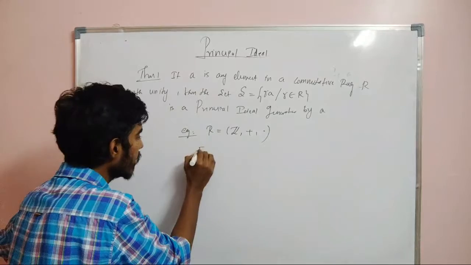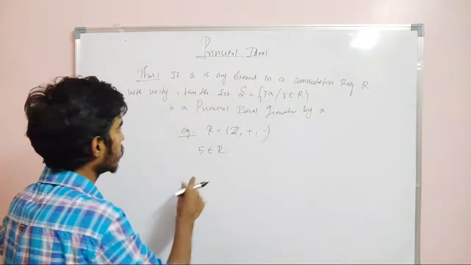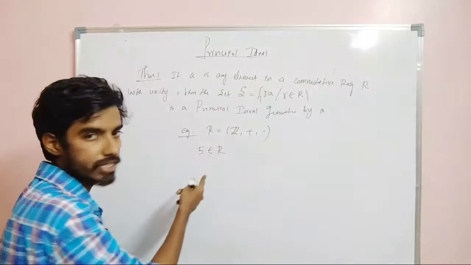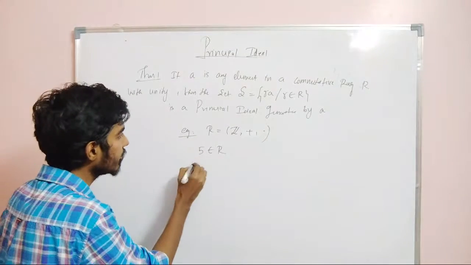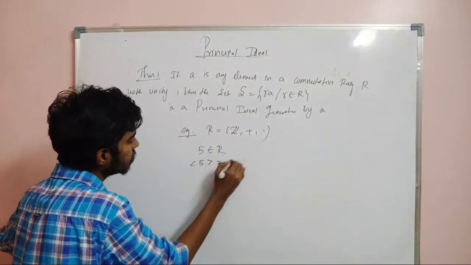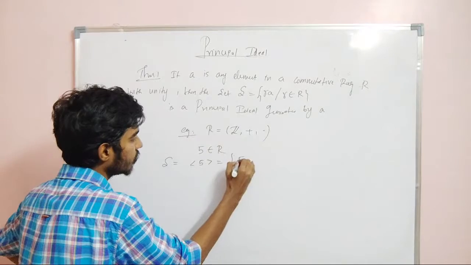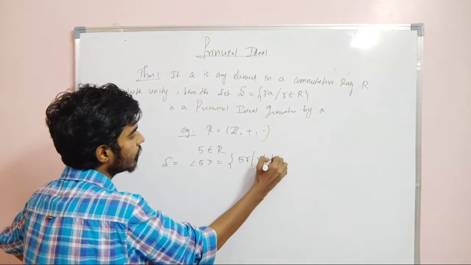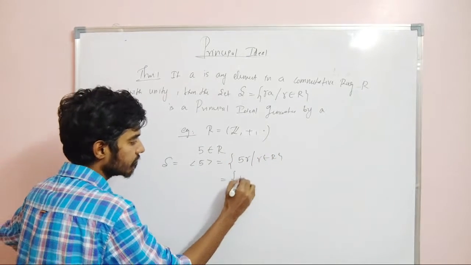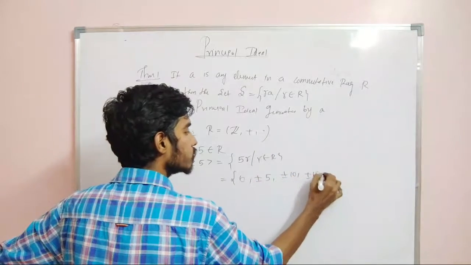Now suppose I take the element 5 in R. What is the set generated by 5? We can write S = {5r : r belongs to R}. This set is nothing but 0, plus or minus 5, plus or minus 10, plus or minus 15, etc.